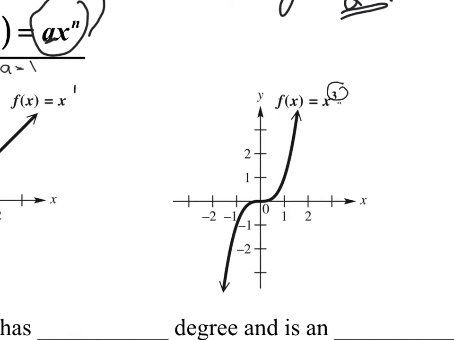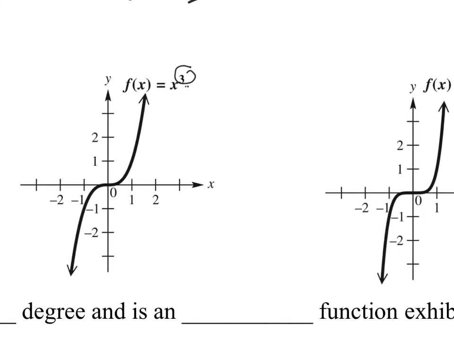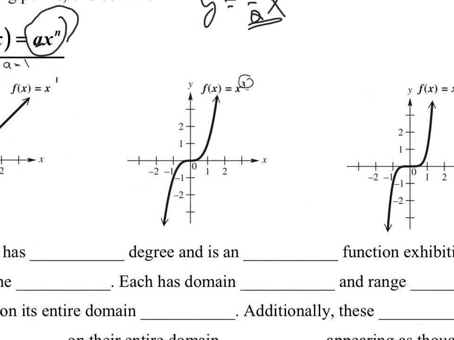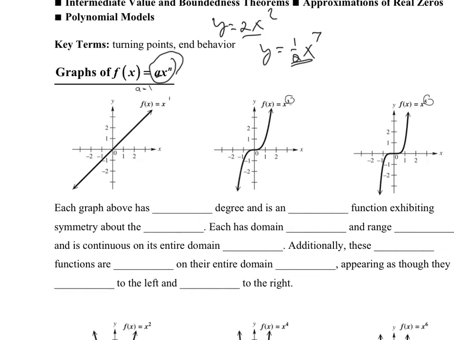N is a 3, third degree. N is 5, that's fifth degree. And I want you to notice something. They all look very similar in one way. They all start from the bottom left and go up that way. They all do. Pay attention to that. That's important.